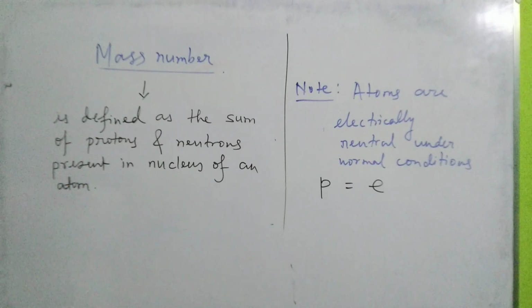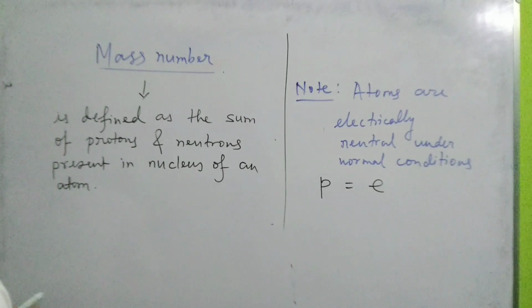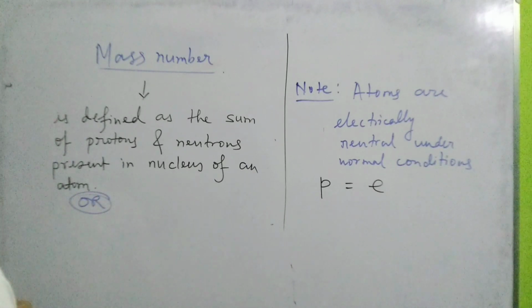We have already said that the protons and neutrons together are called the nucleons. So mass number can also be defined as the number of nucleons.